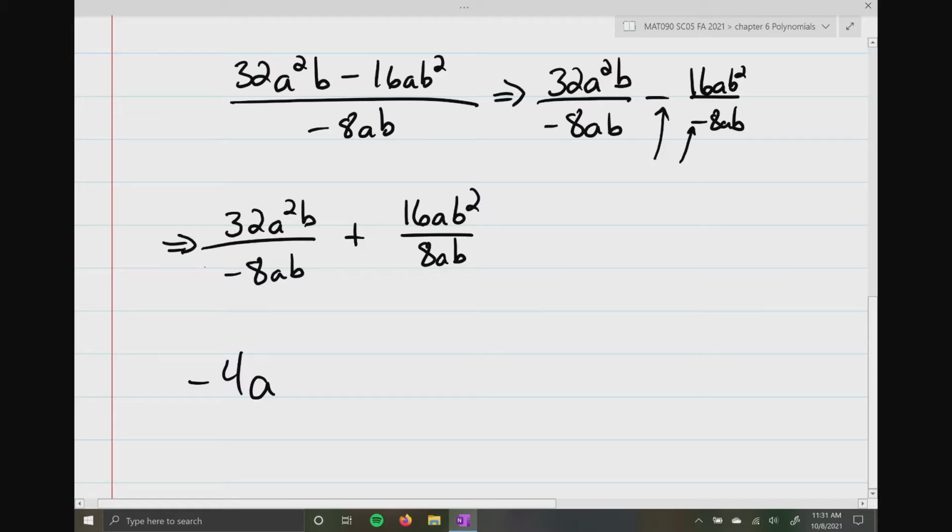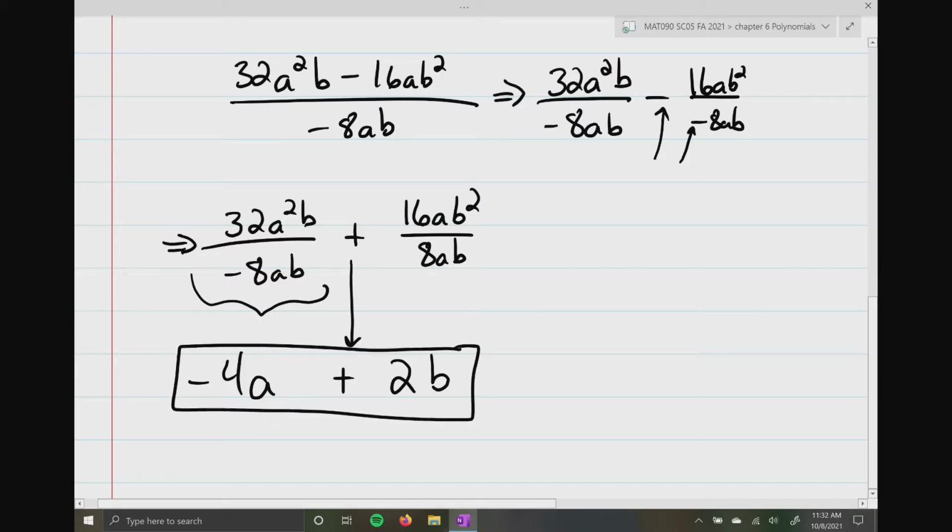So this whole first term simplifies into -4a. Then you have a plus sign. So you drop it down. 16 divided by 8 is 2. A over a is 1. And b to the second divided by b to the first is b to the first.